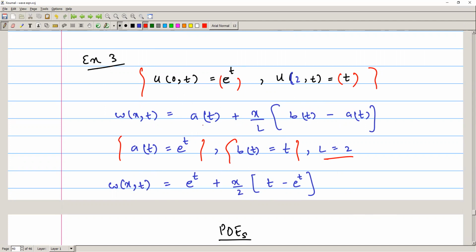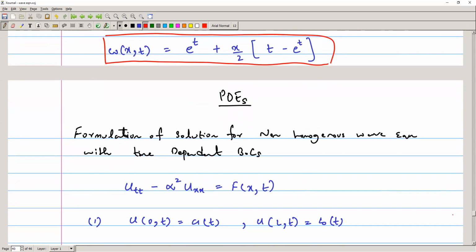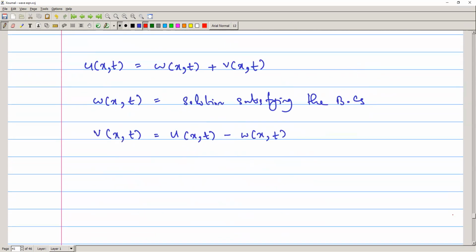We just have to plug the values into this equation, and we will get the solution for w(x, t) in this form. So this is the idea for constructing the solution for w(x, t) for the specific types of boundary conditions that we mostly deal with in these types of equations.